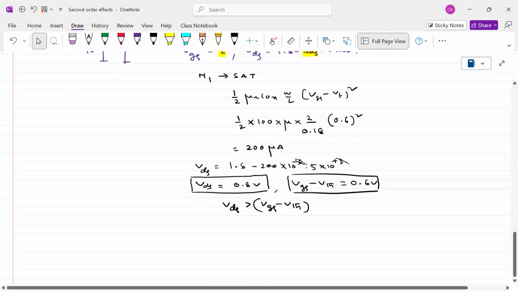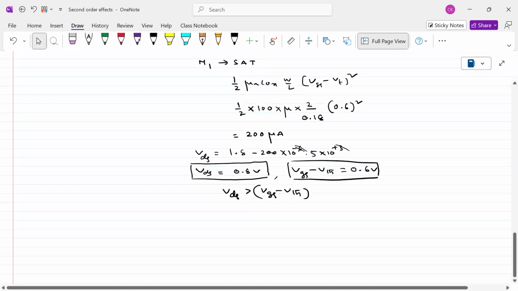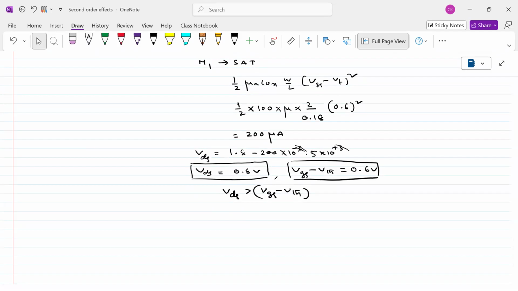So now, what is the value of the current now? No, because of this increment, what we can see for the M1. Now, because VGS is increased by 1 volt plus 10 millivolts, what will I get then?